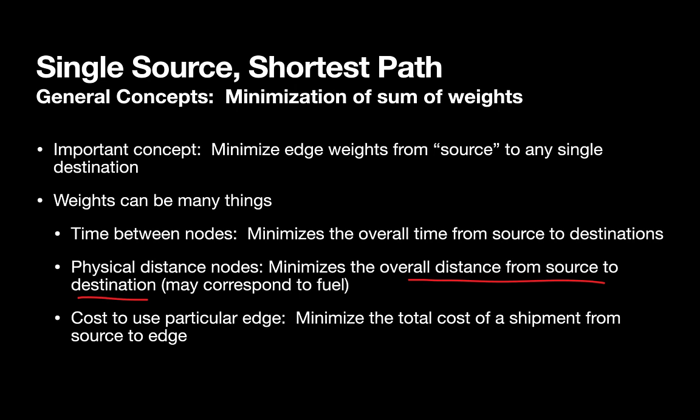So maybe to ship something from St. Louis to Chicago, it could go through the air, or it could be shipped by truck or train. So we could have three different edges that represent the costs of these three different means of transportation. Okay, the important concept here is that the single source shortest path isn't specifically about physical distance, and it really is about the concept of minimization of overall cost in some sense.